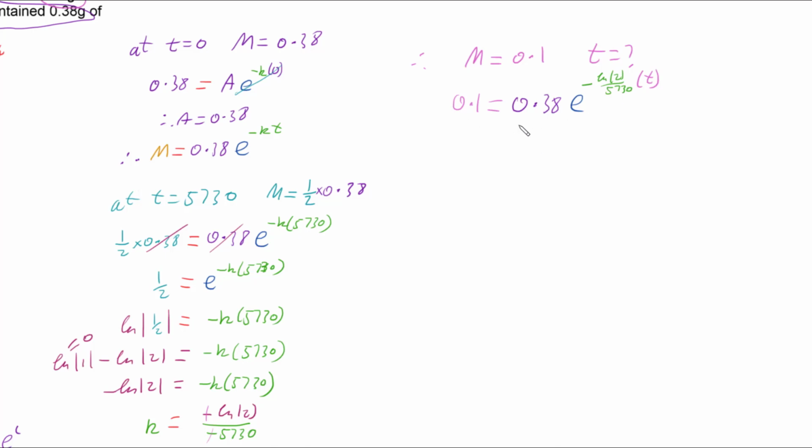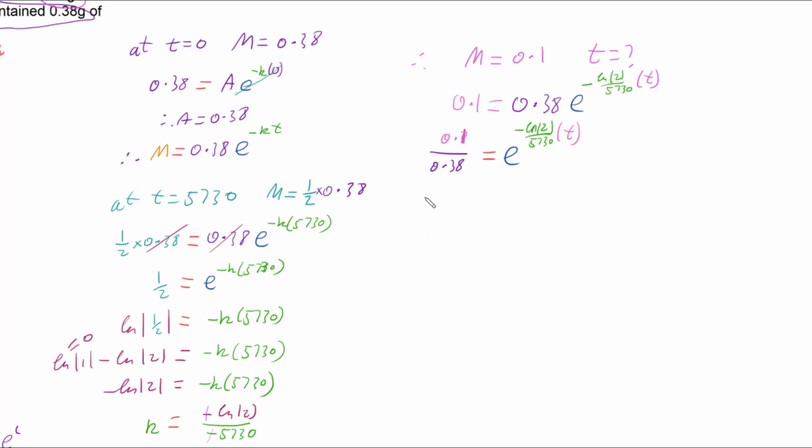So we'll divide both sides by 0.38, so we have 0.1 divided by 0.38 equals e to the negative ln of 2 over 5,730 times t. We can take the natural log of both sides so that we can cancel out that e.